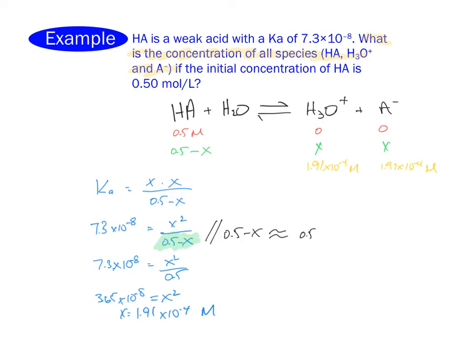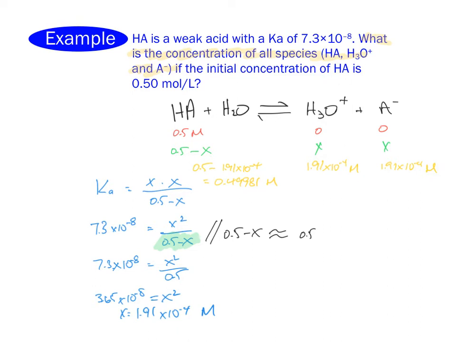And for the concentration of the weak acid, we'll have to figure out what 0.5 minus 1.91 times 10 to the negative 4 is. When you go ahead and do that, you're going to get 0.49981, just like that. And that's also in moles per liter.